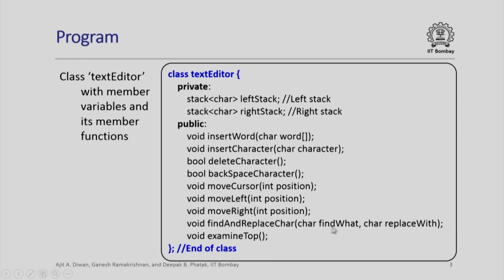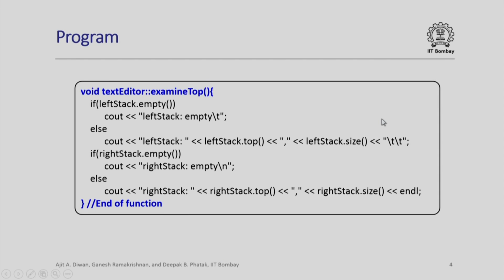First, find what, and second, replace with. So, these are the two characters which are given as parameters to this function. Last, we will write a function called examine top, as I already explained. This is the end of the class. So, this is in fact the structure with member variables and member functions. Let us now see how these functions are written.